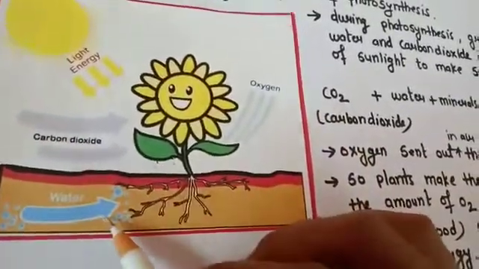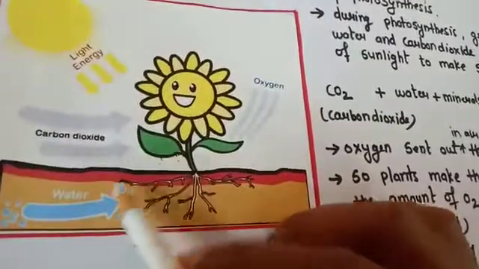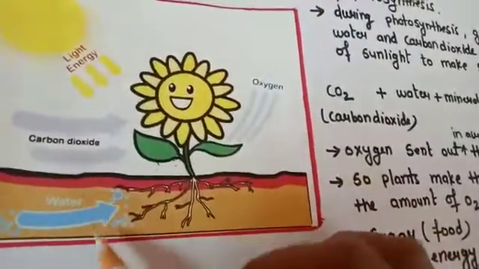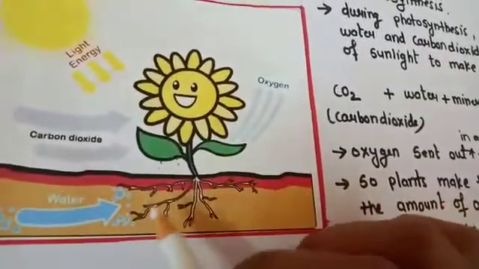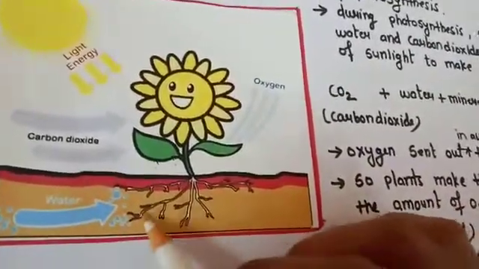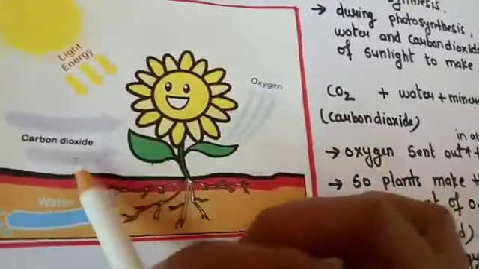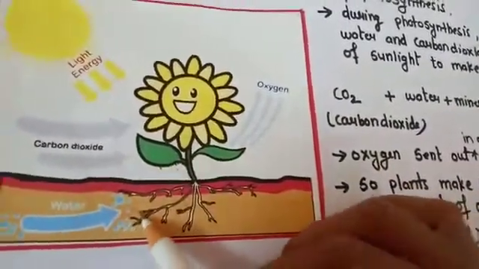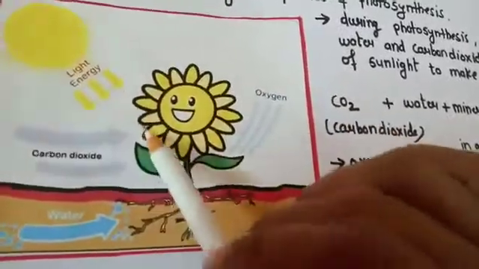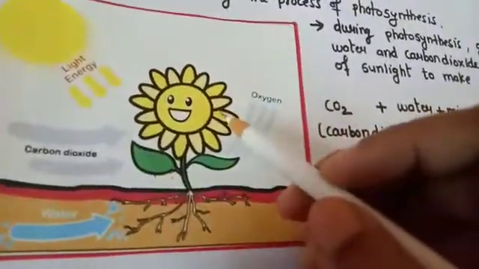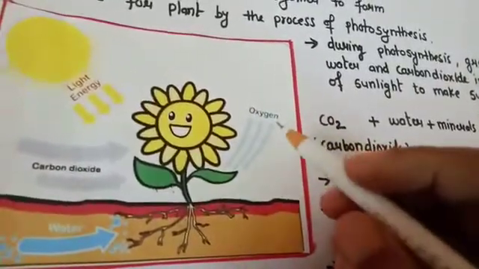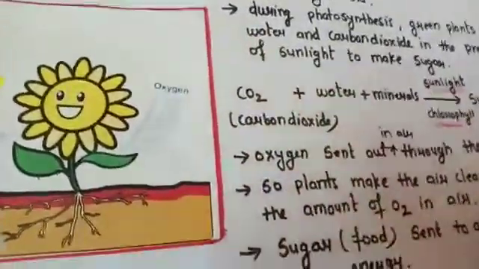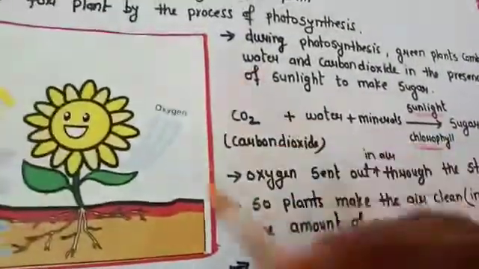Water is present in the soil with the minerals dissolved in it, so a plant can get water and minerals from the soil by its roots. Then carbon dioxide mixes with water, and in the presence of sunlight they form the food of the plant, and oxygen is also formed in the process of photosynthesis, which mixes with air and makes the atmosphere clean.